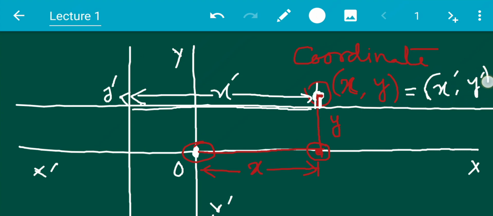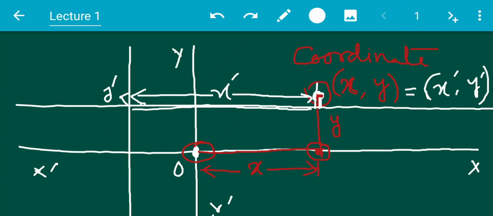So the Cartesian system is not a fixed system. You can move it, you can translate it, you can rotate it. We can explain these things in probably the last video of unit 1. So this is how the coordinate system works. If you change the perpendicular lines, or simply if we change the origin, then the coordinates change but the point remains the same.